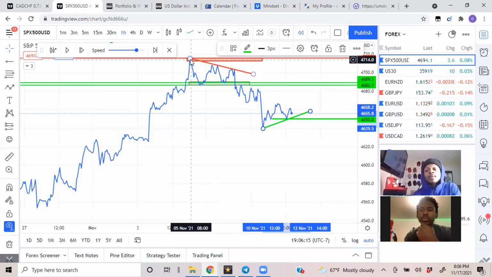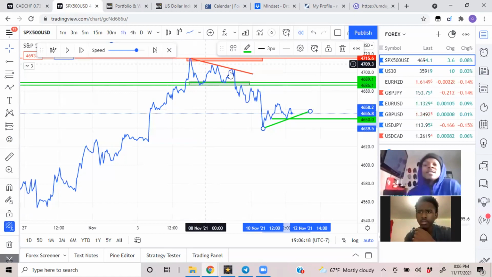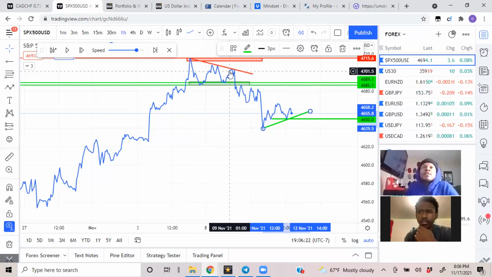So that's what you abbreviated SL earlier. When I added that video, I was talking about stop loss in that video, but SL is sometimes used for swing low and SH is used for swing high.